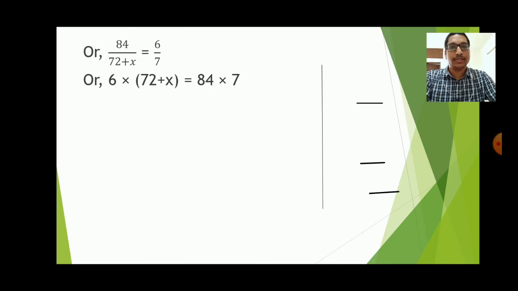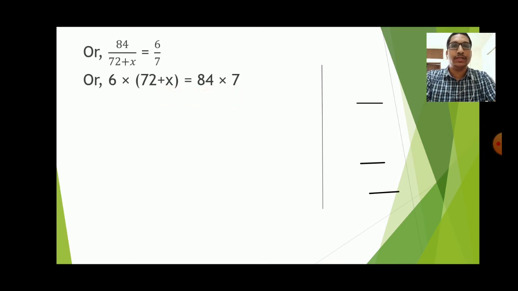Now at this stage, we will multiply 72 and 6, and x and 6. Now 84 multiplied by 7.